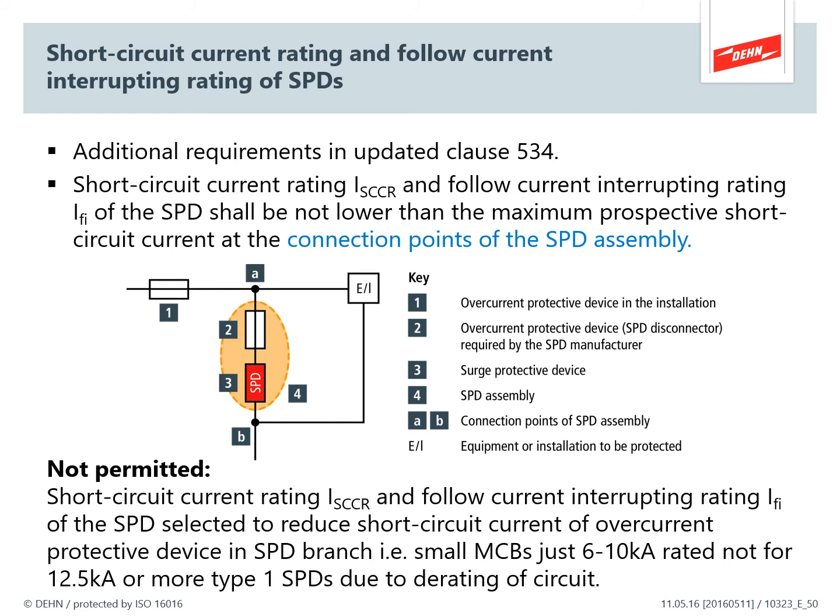So you cannot protect a type 1 device with just a simple little 6 or 10 kA rated MCB. It's going to have to be the fuse as designated by the manufacturer because of its rupture capacity being so much higher, or a molded case breaker rated obviously at a minimum of 12.5 or 25 kA. So the whole assembly will be rated at the same, so the SPD can't be devalued or derated by using smaller MCBs. That is not permitted under the standard.